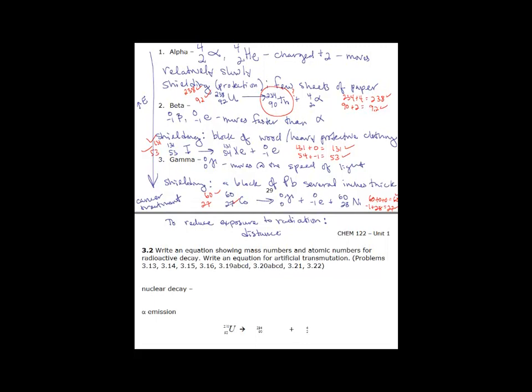If you want to reduce the exposure to radiation, you can increase your distance. And then in terms of time, would you want to increase or decrease the amount of time that you're exposed to this radiation? You want to decrease the amount of time that you're exposed.